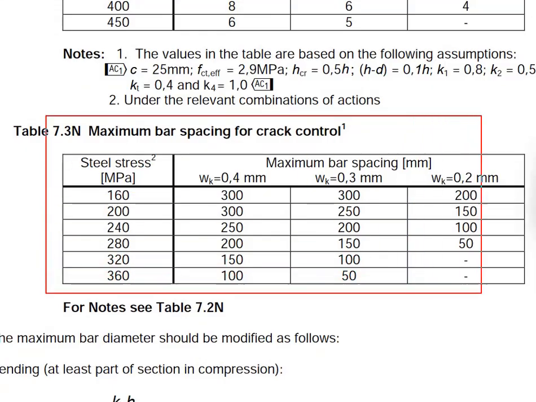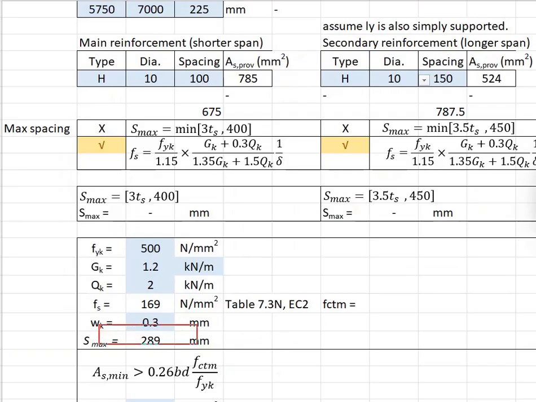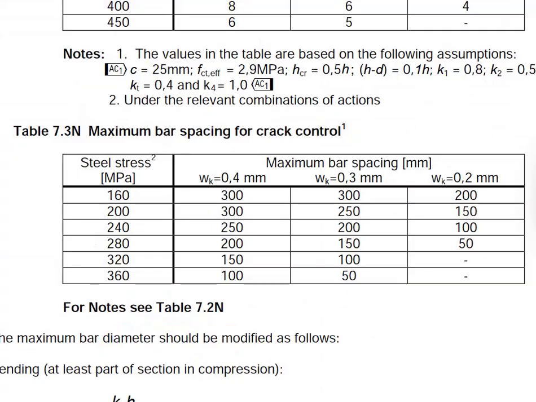Refer to table 7.3N in Eurocode 2. 169 is somewhere here. That means your maximum spacing will be somewhere between 250 to 300. You can do interpolations based on the stress in the steel bar, which will give you the maximum spacing of 289. Or you can use a more conservative approach without doing any interpolations.